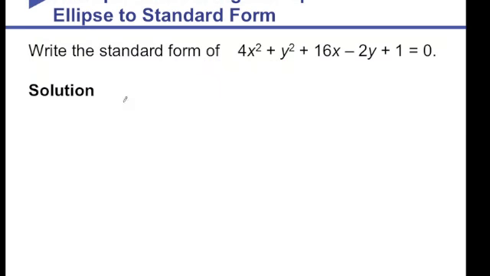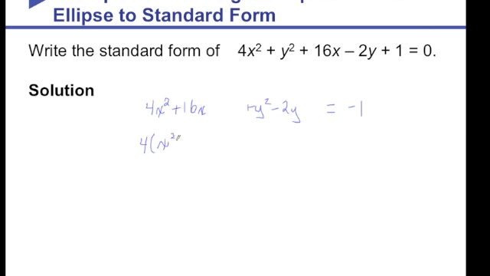Change this to standard form. To get that, we're going to have to complete the squares again. So let's group these together: 4x squared plus 16x, and then the y squared minus 2y, and then we need to move the 1 so it becomes negative 1. Now, the rule for completing the square is it has to be a 1x squared. So we're going to divide these two terms by 4.